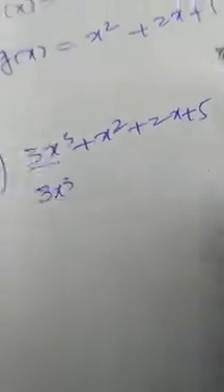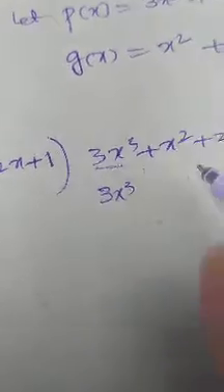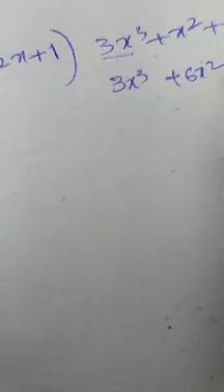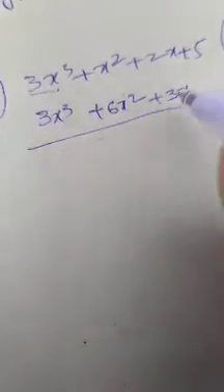Next 3x into 2x, 6x square. Next 3x into 1, plus 3x. Okay. After getting these terms, change the signs. This is plus, so minus. Plus replaced by minus. Plus replaced by minus.